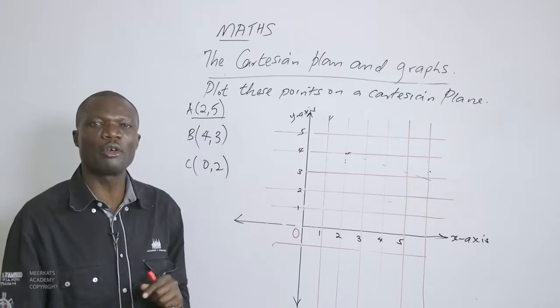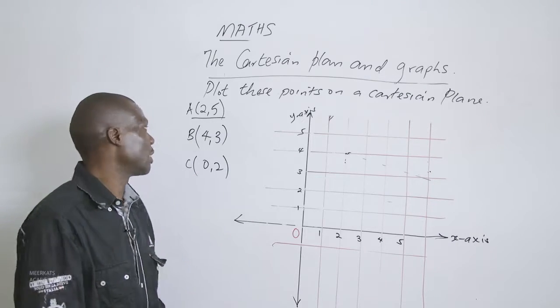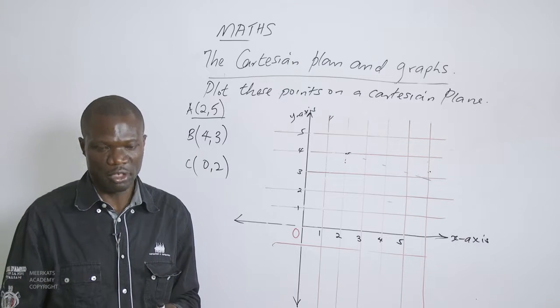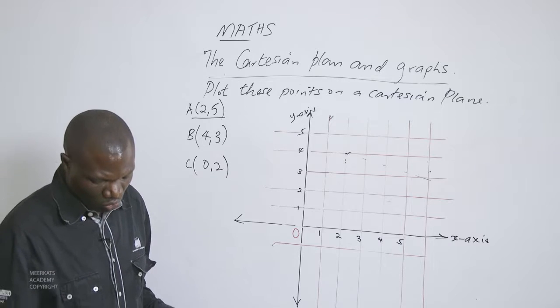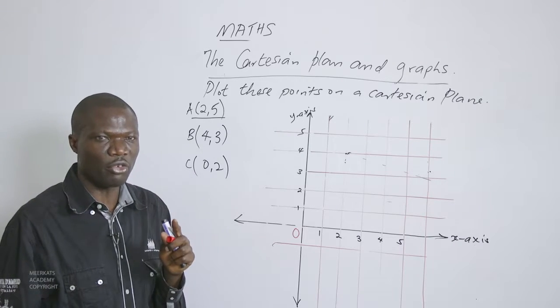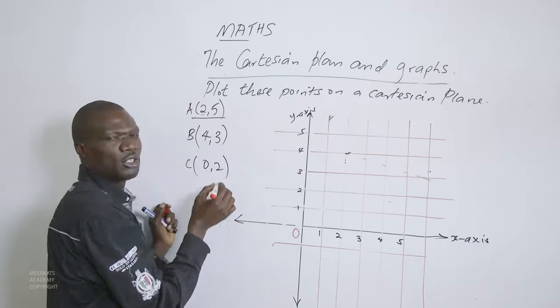Now we are ready to go and locate the point A on our Cartesian plane. The point A is (2, 5). So how do we get our (2, 5)? We first read the x value of A, which is 2.